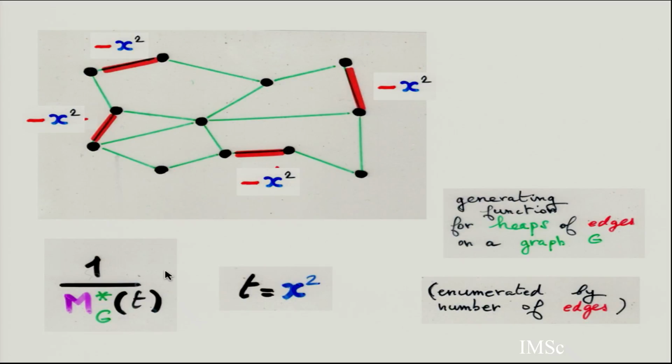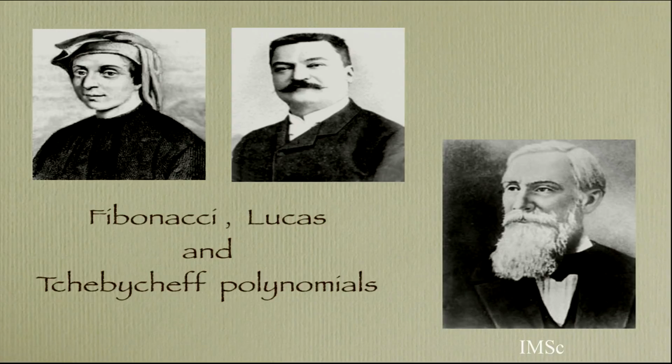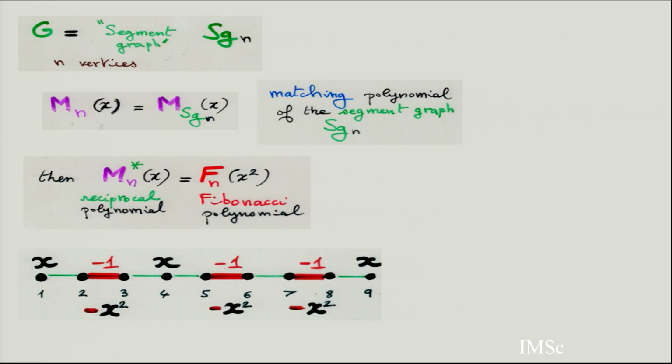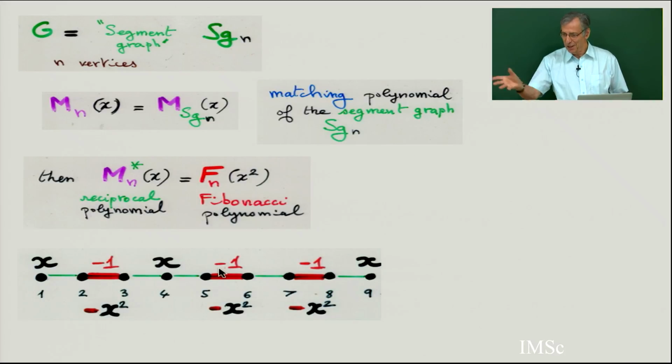So I am going to Lucas polynomials. That was a relationship between Fibonacci and Lucas. So first Fibonacci, and then we will go to Lucas. Take the segment graph and take the matching polynomial of the segment graph. I claim that the reciprocal of the matching polynomial of the segment graph is a Fibonacci polynomial, replacing x by x2.